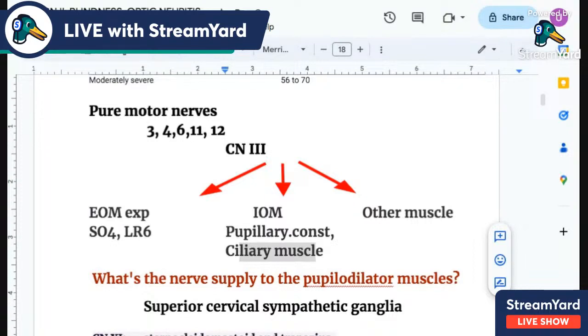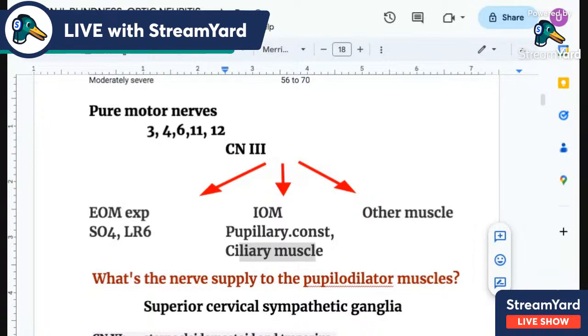Then we have the 12th cranial nerve, that is hypoglossal. Which muscle does it supply? The pure motor nerve that supplies the muscles of the tongue. All muscles of the tongue? No, except palatoglossus.